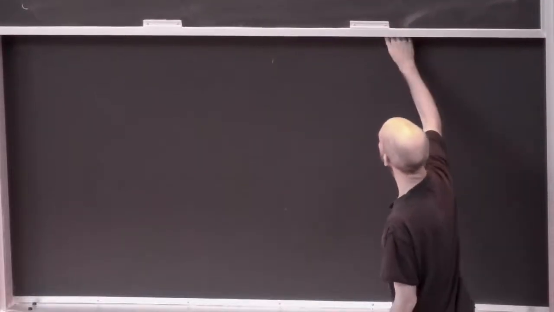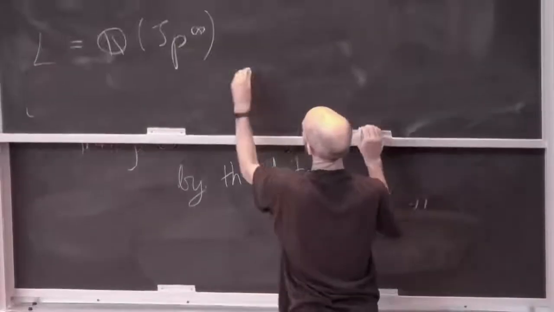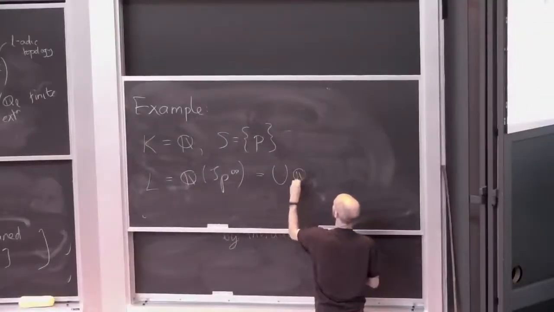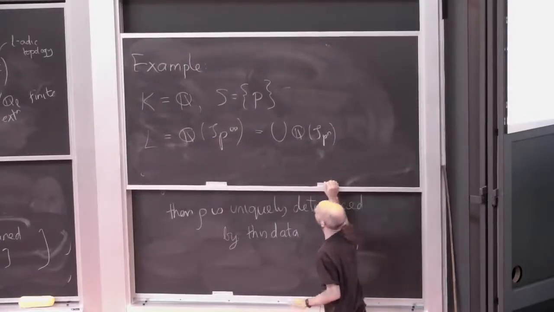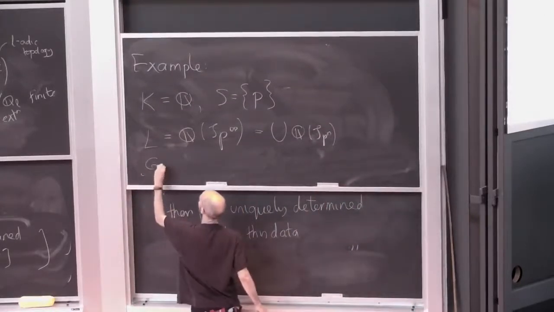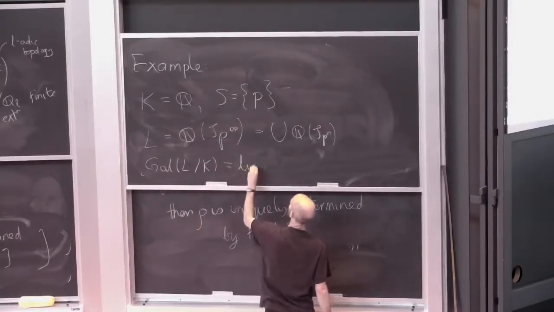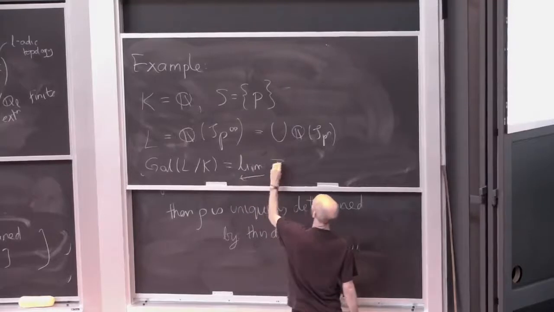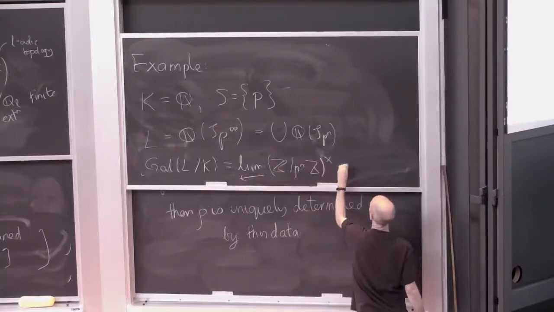And now, I'll remind you, this is the union of Q(zeta_{p^n}). And so that means that Gal(L/K) is a projective limit of (Z/p^n)*, and that's Zp star.